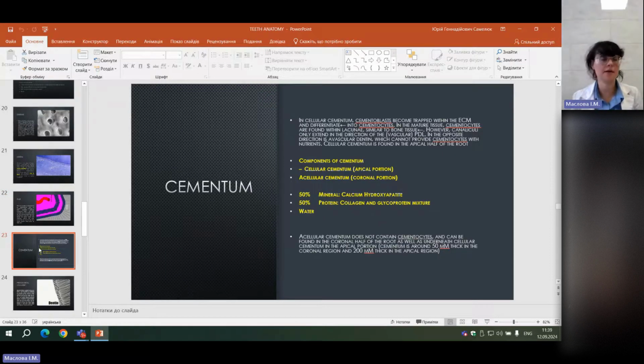The next structure is the cementum. Cementum covers the root dentine. This is tissue covering the outer surface of the tooth root. It connects the alveolar bone with the tooth by the periodontal ligament.